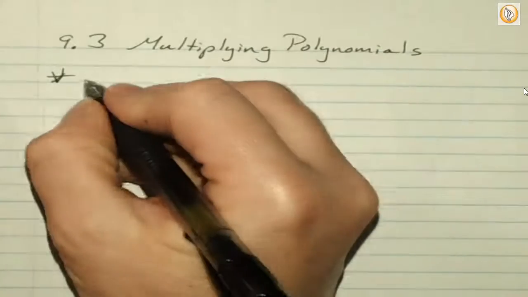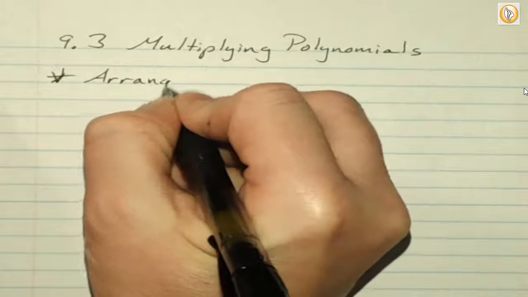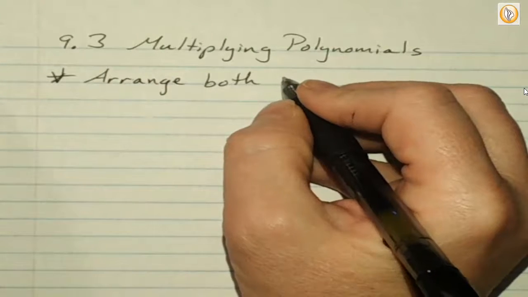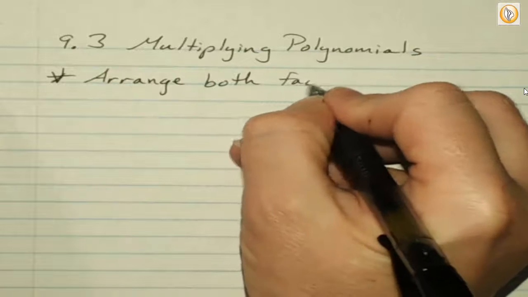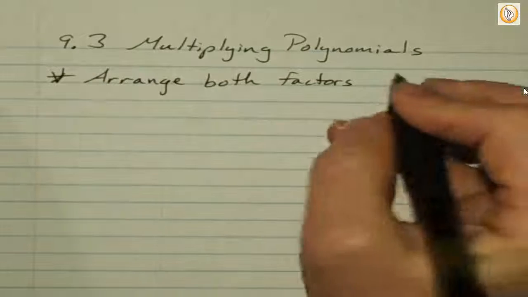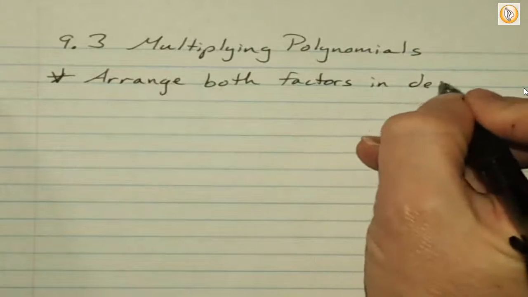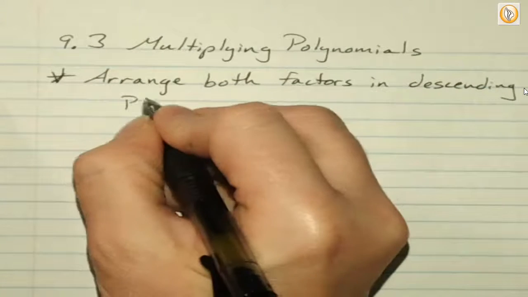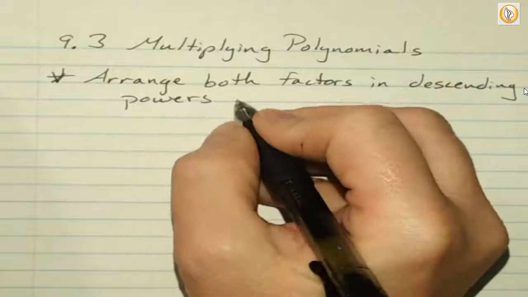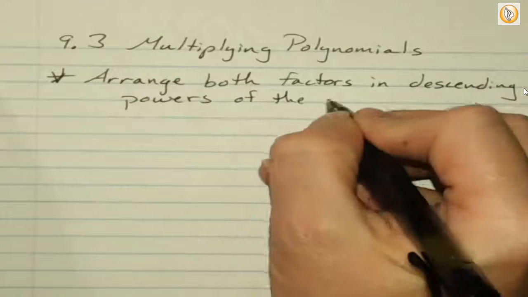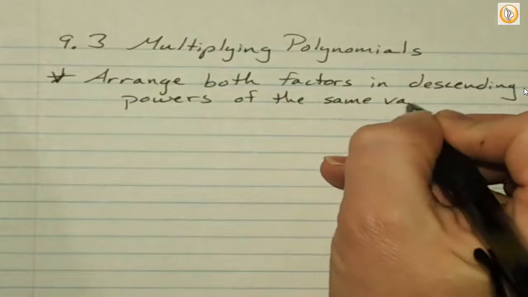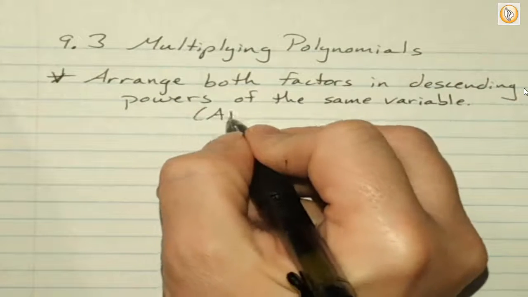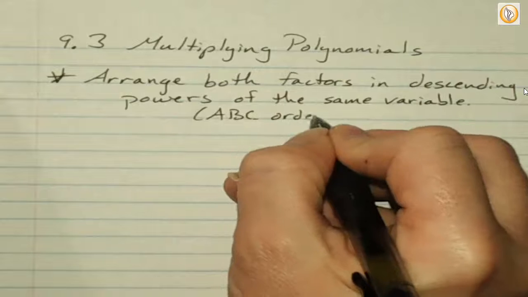First thing you're going to do is arrange both factors, or basically everything, in descending order, or descending powers of the same variable. Not ABC order.